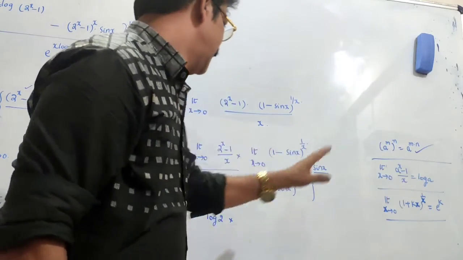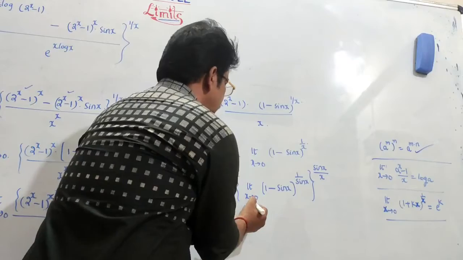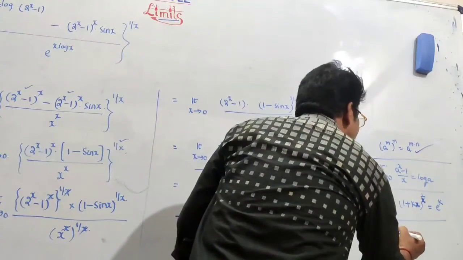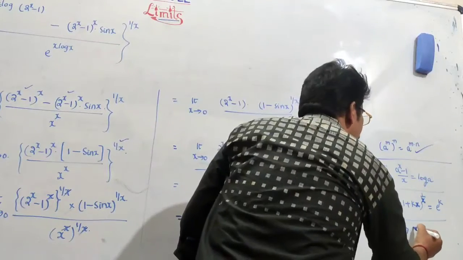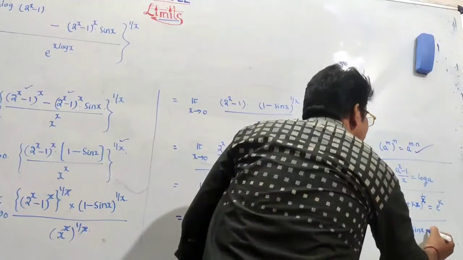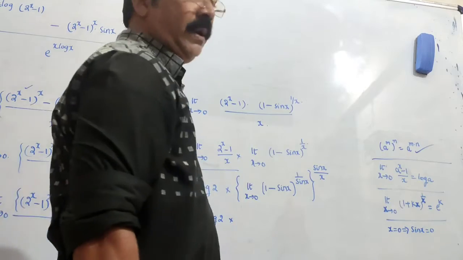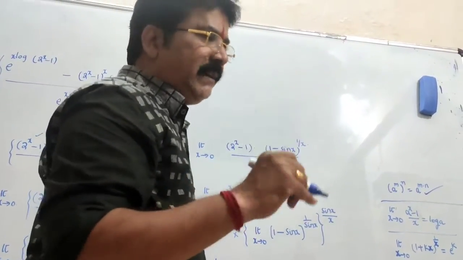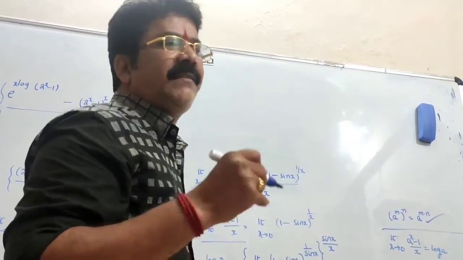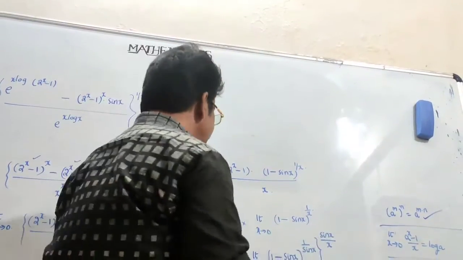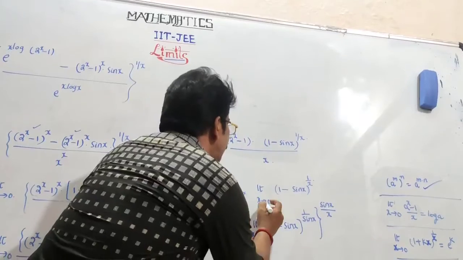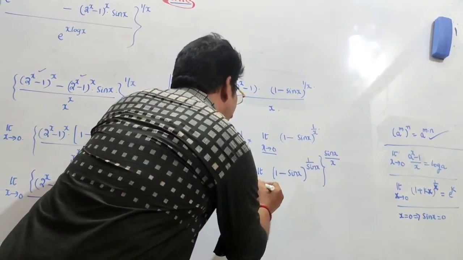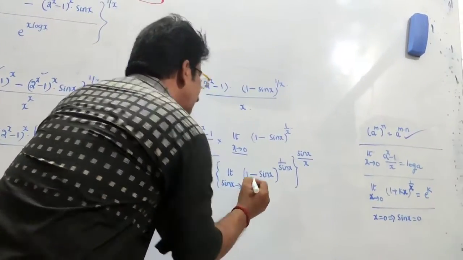So therefore, if x is equal to 0, then sin x is also equal to 0. In the same sense, as x tends to 0, it is equivalent to say that sin x will tend to 0. In the same sense, here instead of x equal to 0, we can write sin x tends to 0.